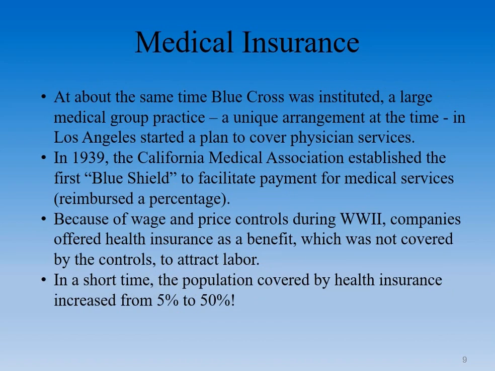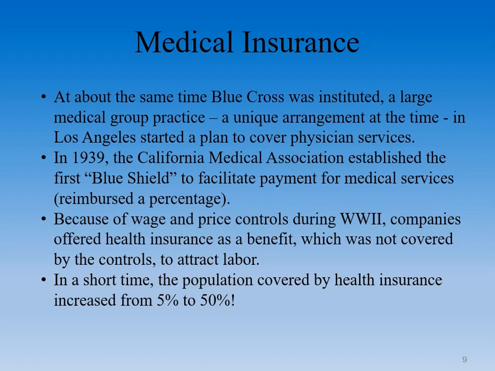Looking historically at medical insurance, at about the same time Blue Cross was instituted, a large medical group practice, a unique arrangement at the time, in Los Angeles started a plan to cover physician services.